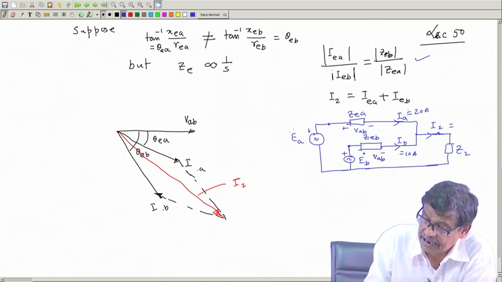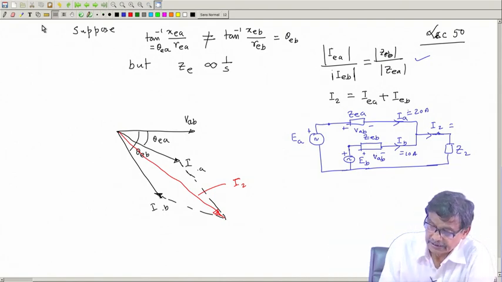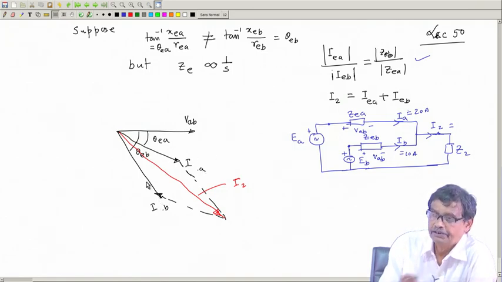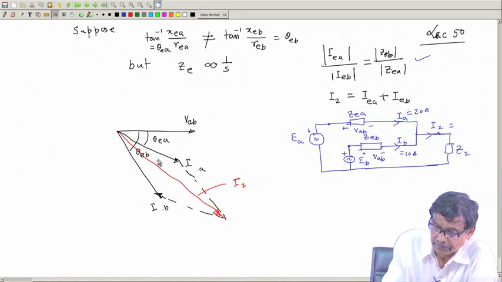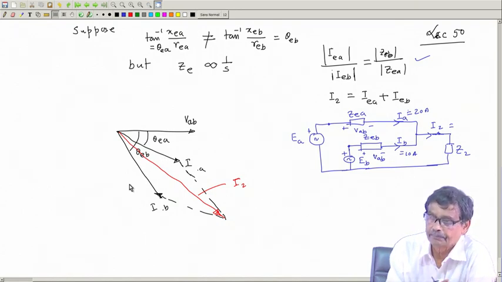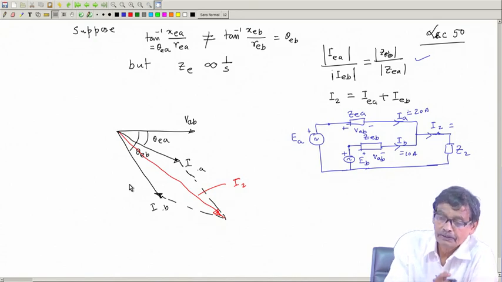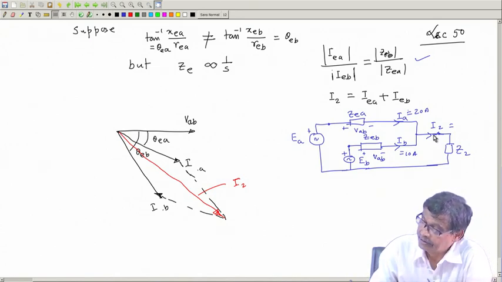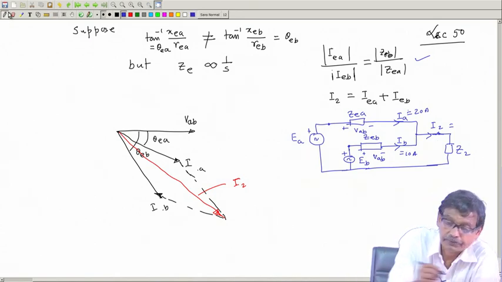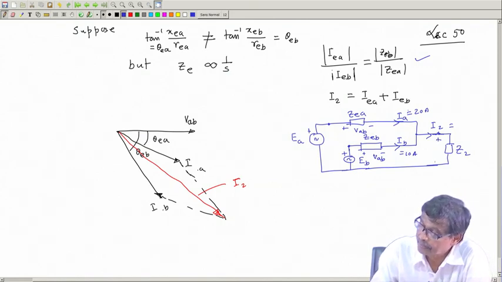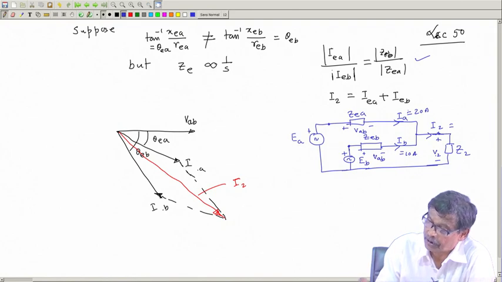Now, E_A I want to get. So, you see that I_A and I_B will be displaced, and this angle will be the difference between theta E_A and theta I_B, that is understood. Now, I want to get this voltage V2, suppose from V2 I want to get E_A.